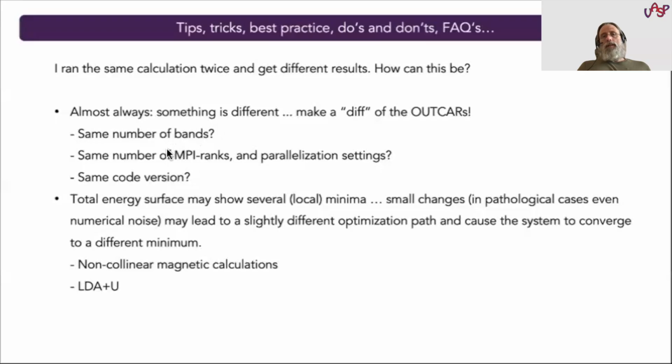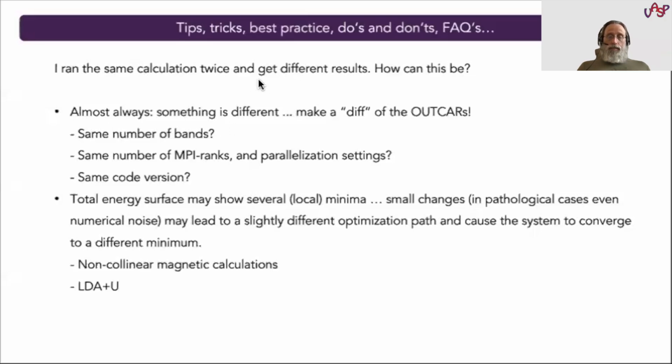So sometimes running something on twice as many MPI processes will change the number of bands. And this will change your subspace. That means that you will no longer take the same optimization path through your parameter space, right? So a different number of bands will mean that your optimization will take a different path, and you might end up in a different local minimum.